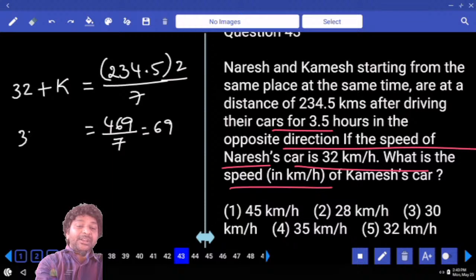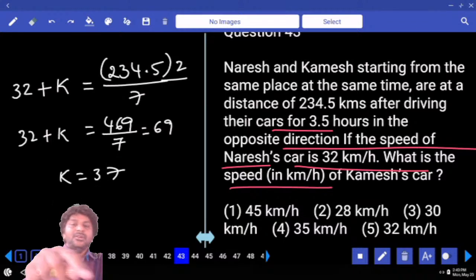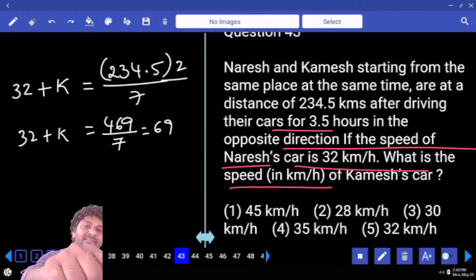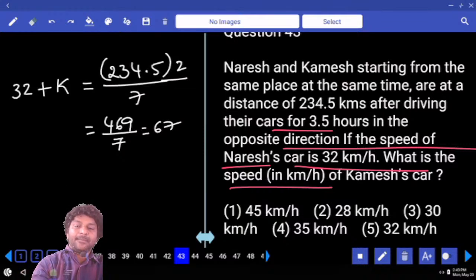Which is 32 plus Kamesh. Then Kamesh is equal to 67 minus 32, which is 35.